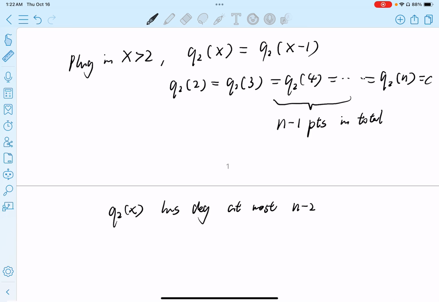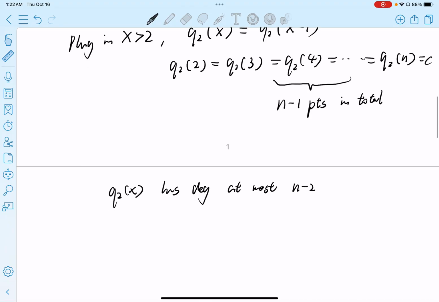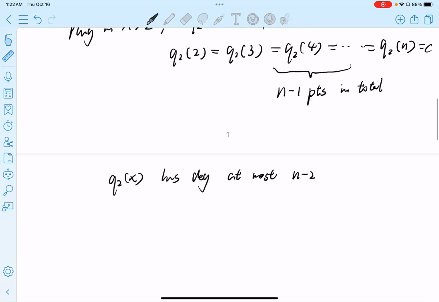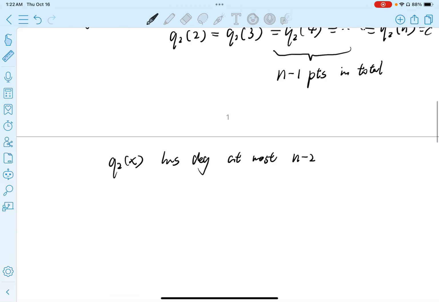And also we have n minus 1 points with the same constant value. So this tells us q2 is just a constant. You can draw some examples to show that this is the case. The simplest example is that if you're given 2 points, then you determine a line. This conclusion can also be extended to other degrees for even larger n.